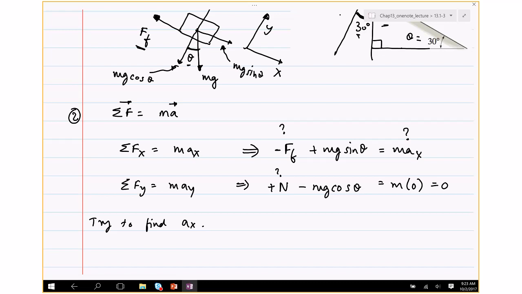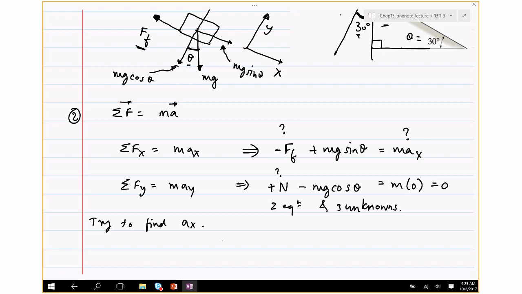So what I have here is 2 equations and 3 unknowns: Ff, N, and ax. So I need to generate one more equation. How can I generate one more equation?